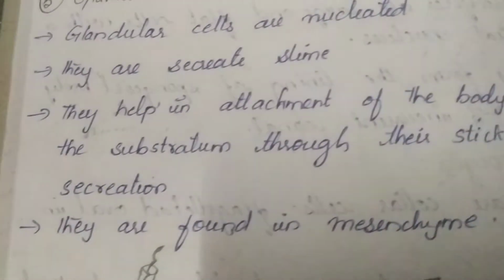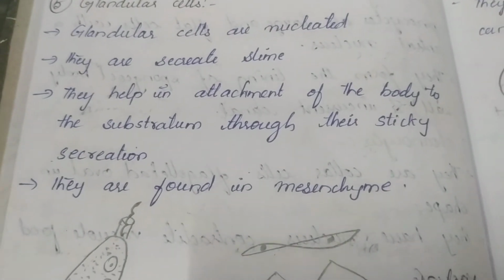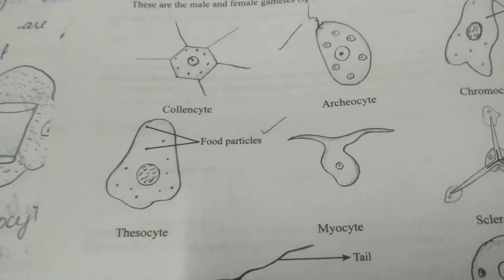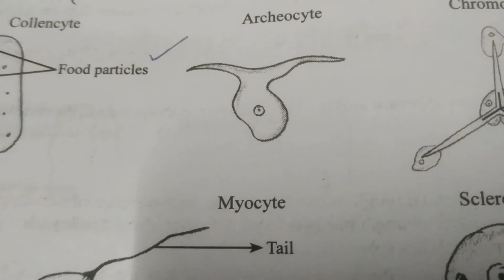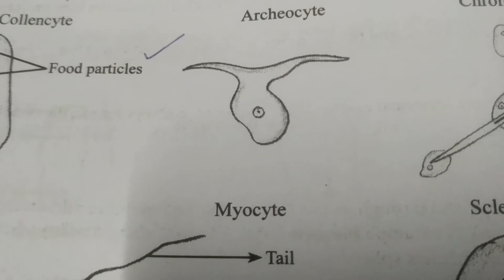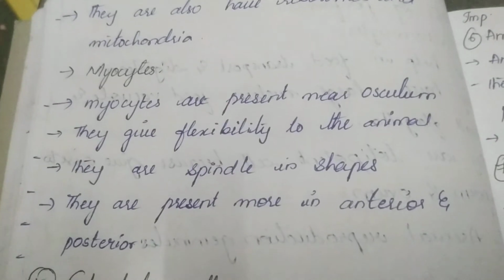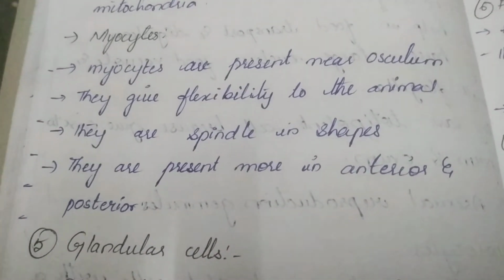Okay, they help in attachment of the body to the substratum, and with this sticky secretion they are found in the mesenchyme. So we have studied the four points about mesenchyme, and it's finished.